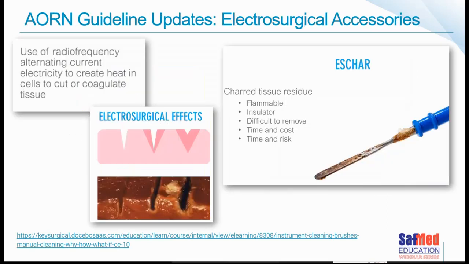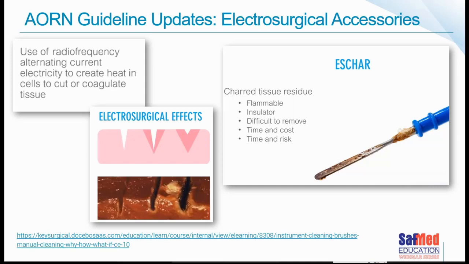Of course, they defined electrosurgery as the use of radio frequency alternating current electricity to create heat in cells to cut or coagulate tissue, a concept we're all very familiar with. Then they spoke about eschar, that charred tissue residue and the importance around it. We all know that it's really difficult to remove.